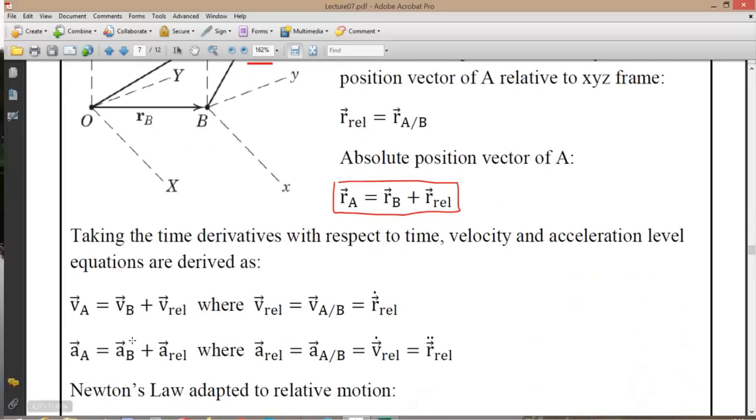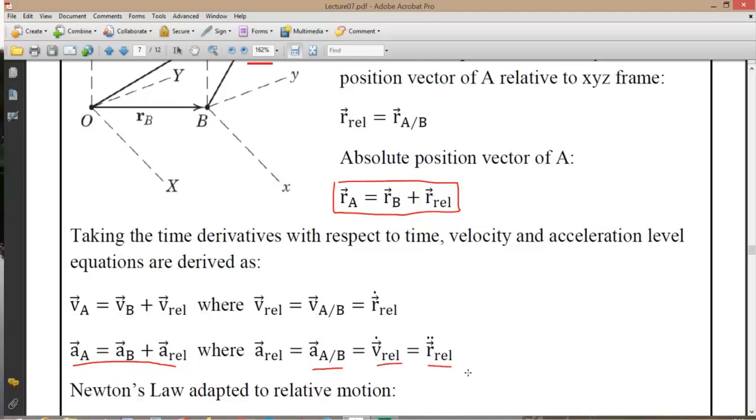So with respect to these derivations, we get this equation. We already derived this equation in the previous lectures. Now this acceleration of A with respect to B is v dot relative or r relative double dot.